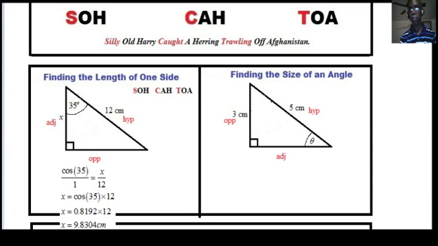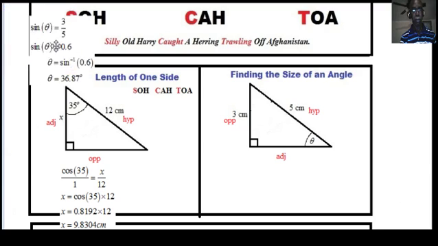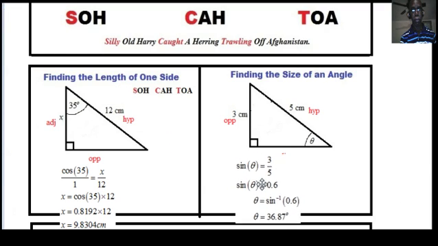This is the sine function. The sine of angle theta equals the opposite side, divided by the hypotenuse.